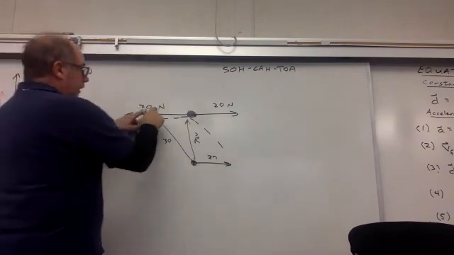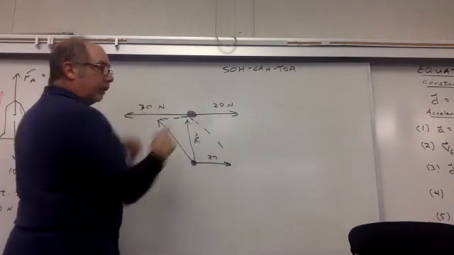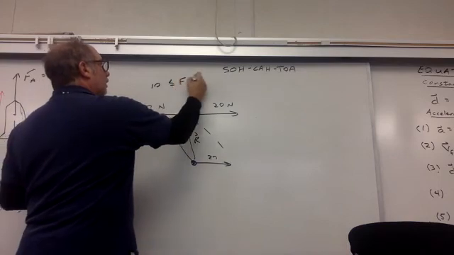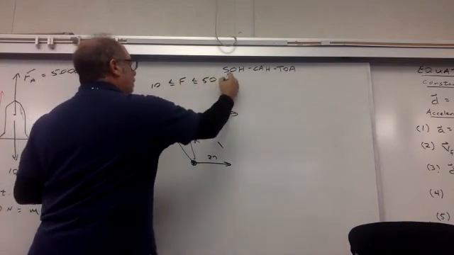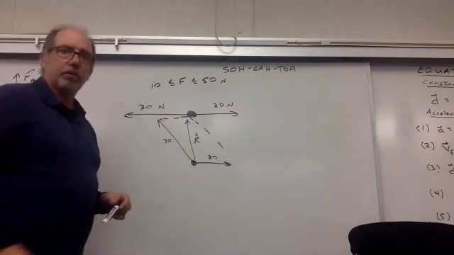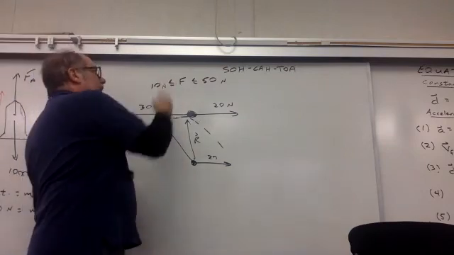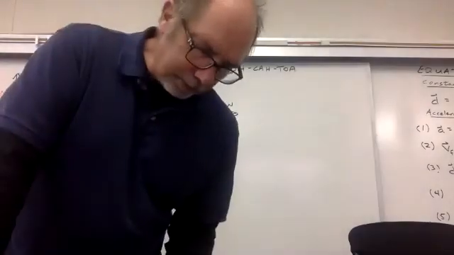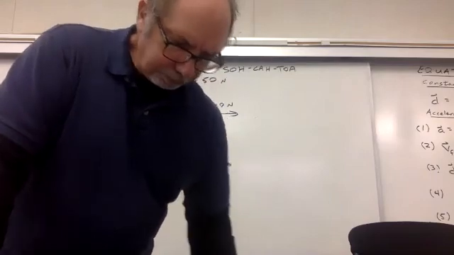So the range of these forces would be 10 to 50 newtons. They can't get 8. The statement is false. They can get anywhere from 10 to 50, inclusive, but they can't get 8. So that statement is false.